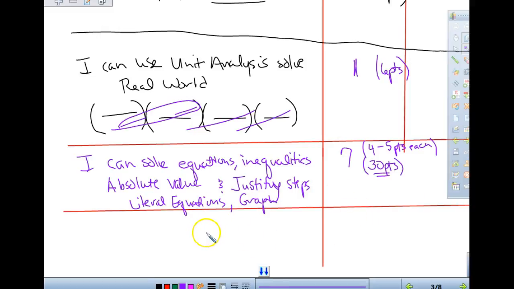If we look at the last standard up here, Mason, would you read that last standard on the pink poster? I can create and use equations or inequalities to solve problems. So I can create and use equations and inequalities.